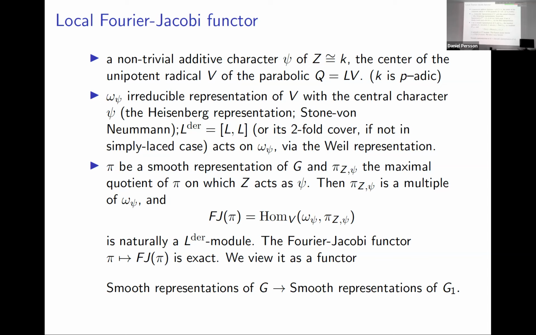So if we have a smooth representation sigma of the Heisenberg group with the central character psi, and you look at the category of these representations, this is isomorphic to the category of vector spaces. Namely, the Heisenberg representation is both a projective and injective object in this category.